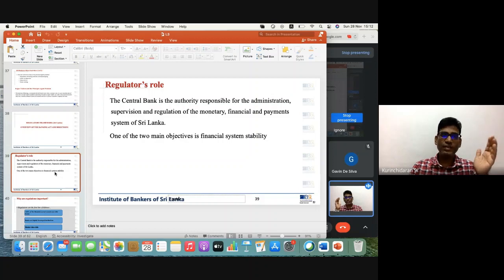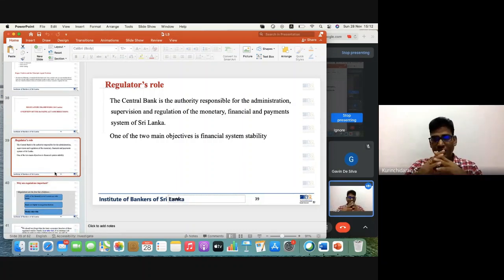So if you see the objectives of financial system stability, here I'm not going to talk about other objectives because we are talking about the financial institution here. So the central bank has 2 core objectives that we already discussed, right?